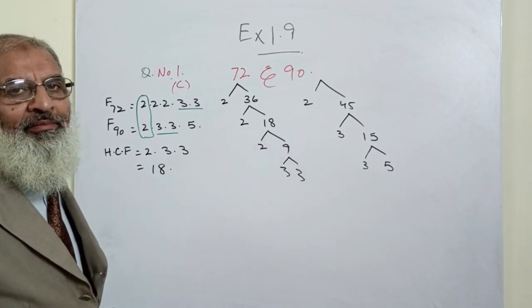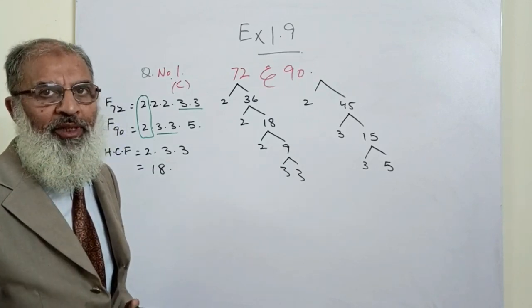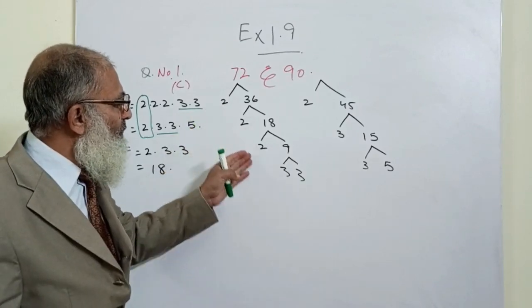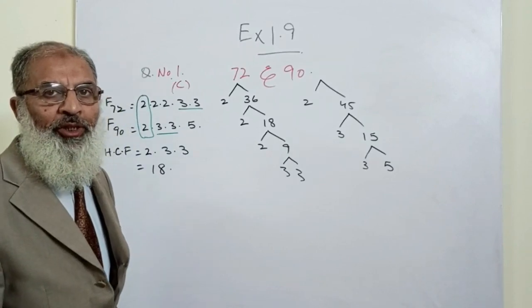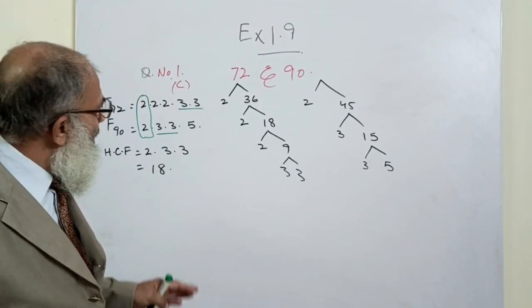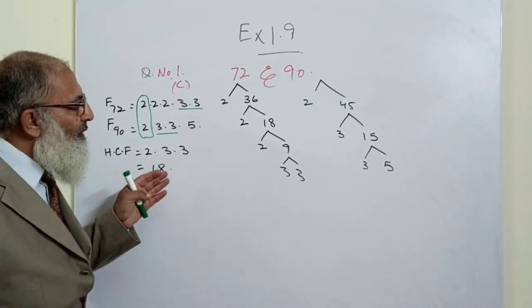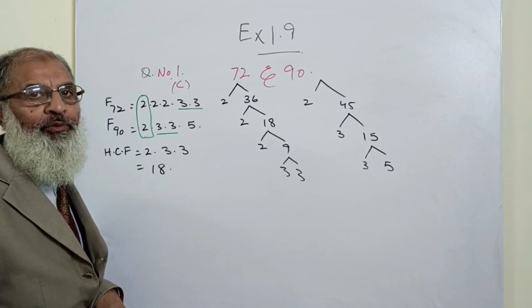Now my dear students, let us find the LCM. You remember what LCM was? Lowest common multiple. Both the numbers are broken up into prime numbers. I have also found the HCF, and if I have to find the LCM of the same two numbers, what do I do?